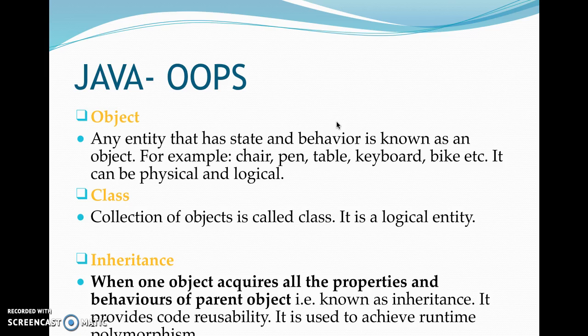Another important topic of OOPS is inheritance. When an object acquires all the properties and behaviors of a parent object, it is known as inheritance. If we take the example of human beings or any living creature, we inherit the properties of our parents.